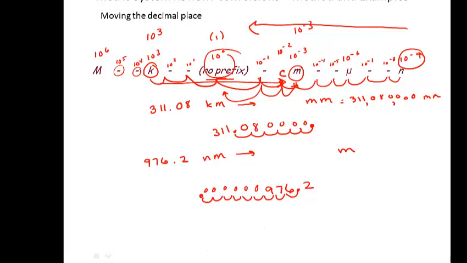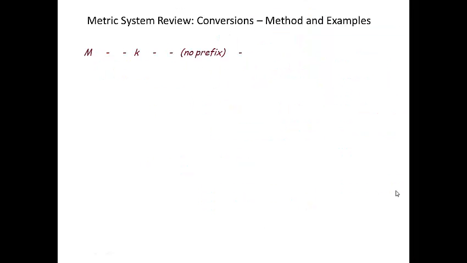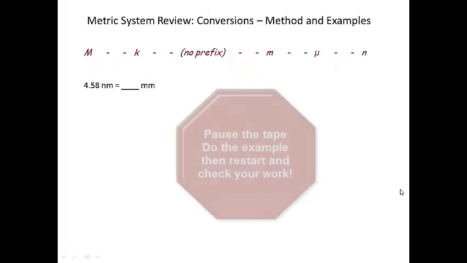So we have 0.0000009762 meters in 976.2 nanometers. Again, I would strongly recommend, to begin with, just writing that out someplace on your paper. It makes no difference where. I'm not going to look for it.